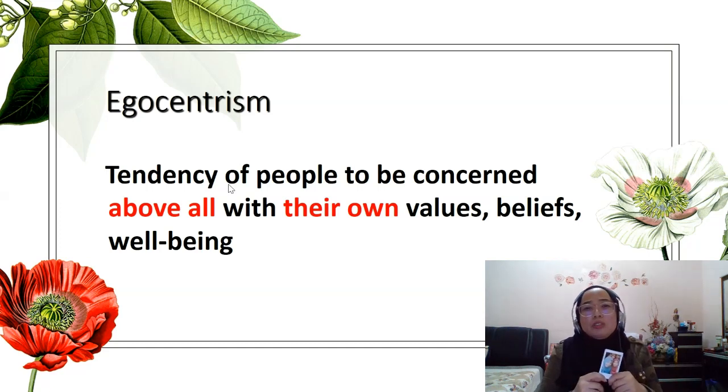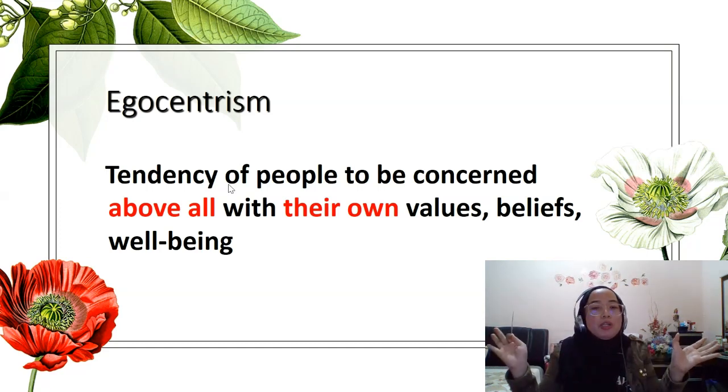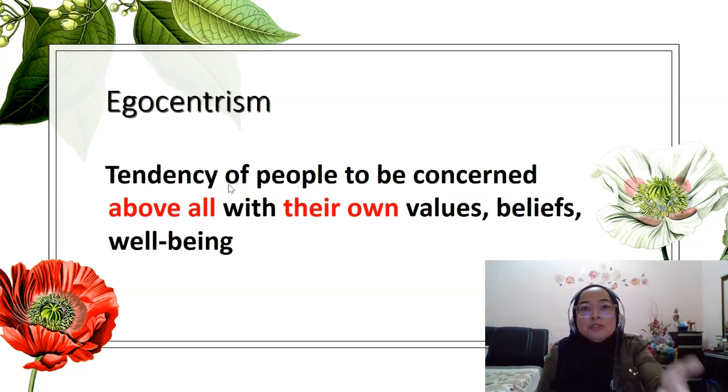It's completely normal to feel this way because this is a phenomenon that we call egocentrism, where you concentrate on yourself because you are you. It is the tendency of people to be concerned about their own beliefs, their own faith, their own well-being and values above other people.